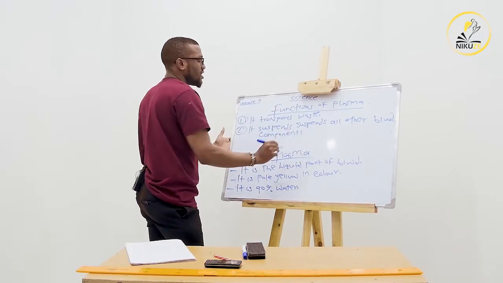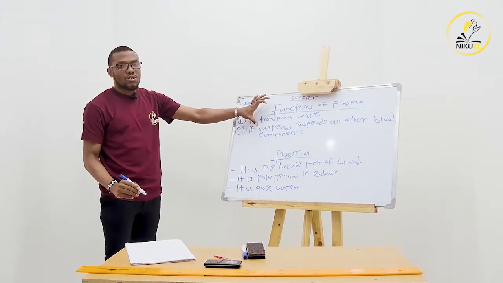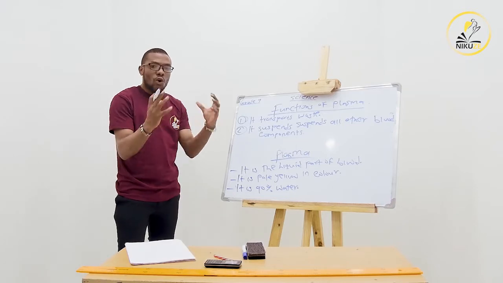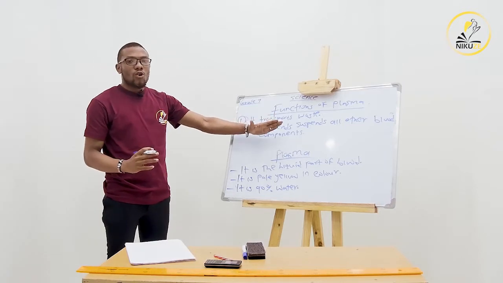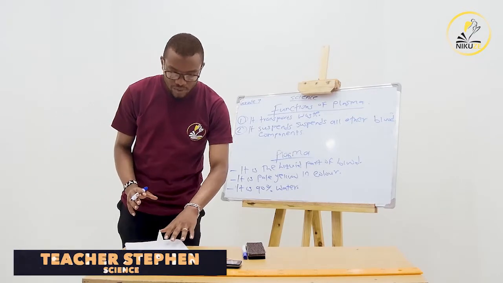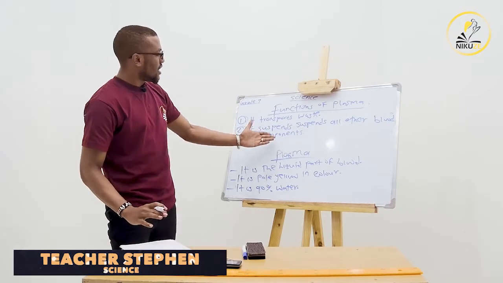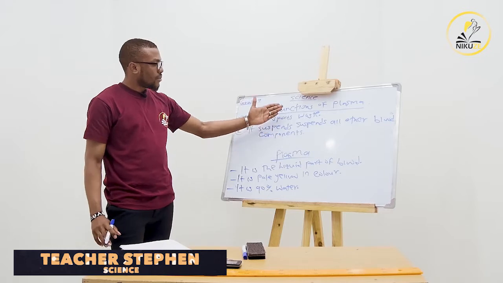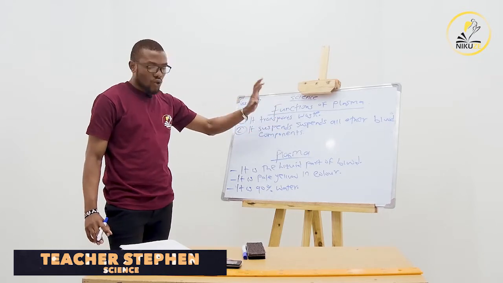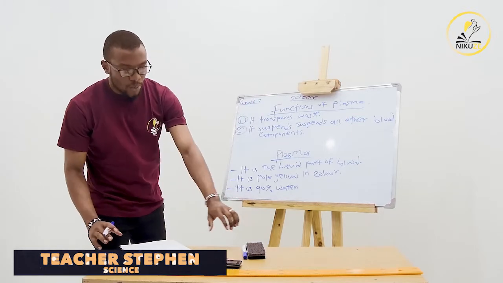Since plasma is the largest part of the blood, it holds, to suspend is like to hold, all the other three components that we have. Remember we said that these components are the red blood cells, white blood cells, and the platelets. So plasma suspends all those three blood components.